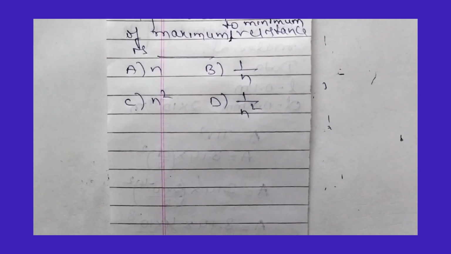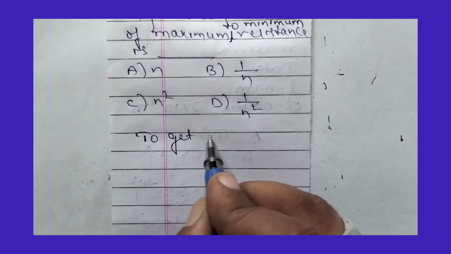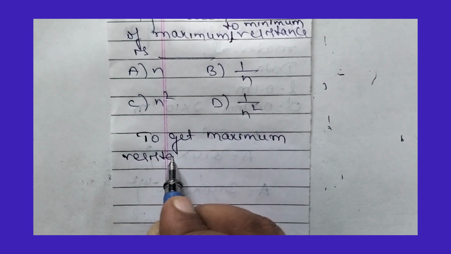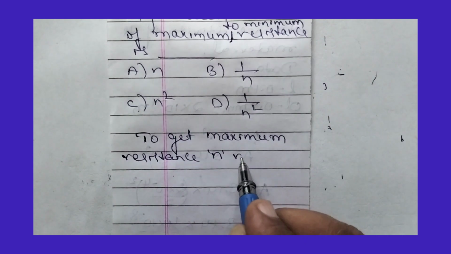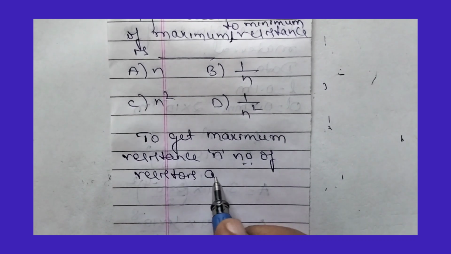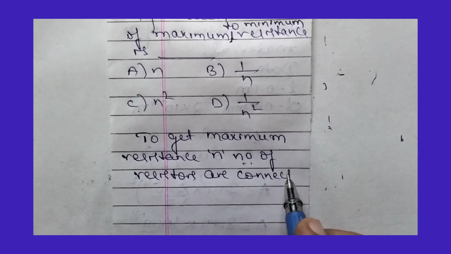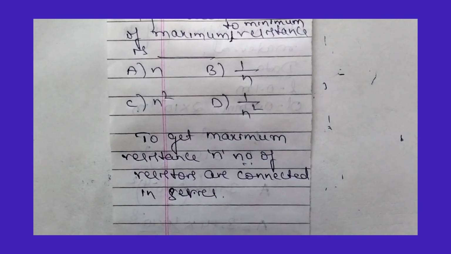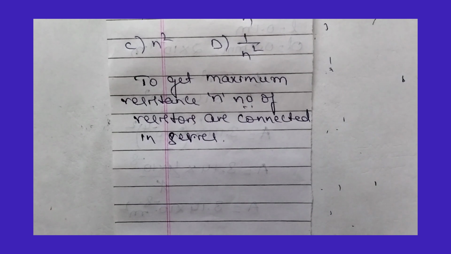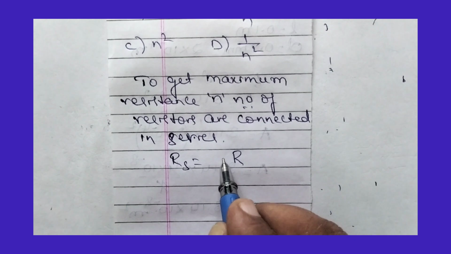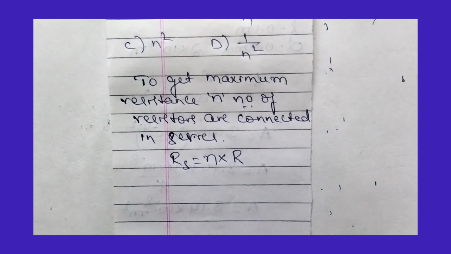To get maximum resistance, n resistors, n number of resistors are connected in series. If the resistance of one resistor is R into how many resistors are there, n number of resistors are there.